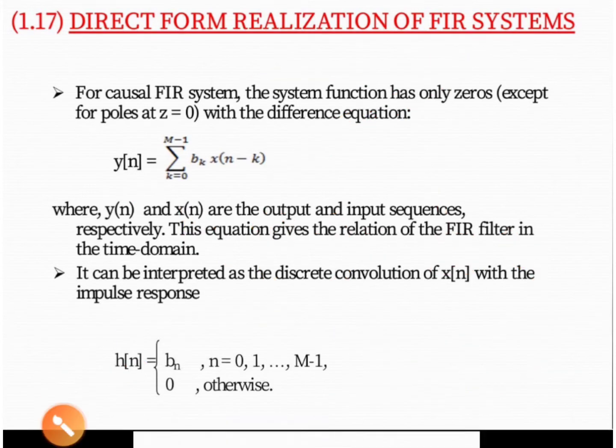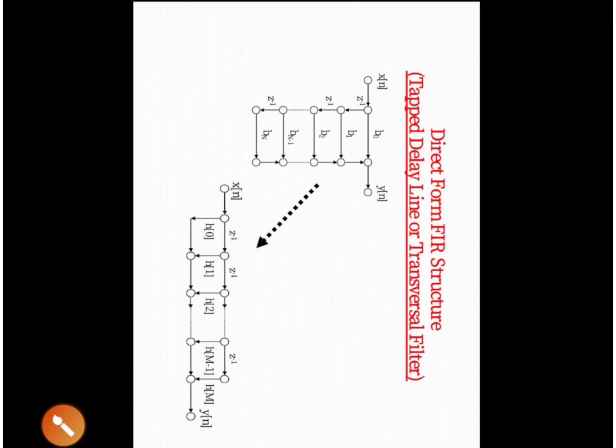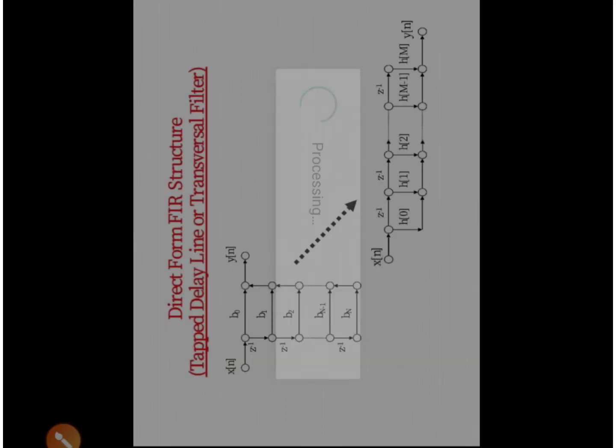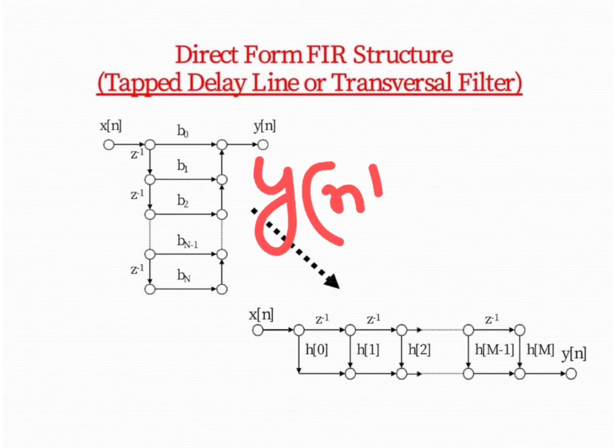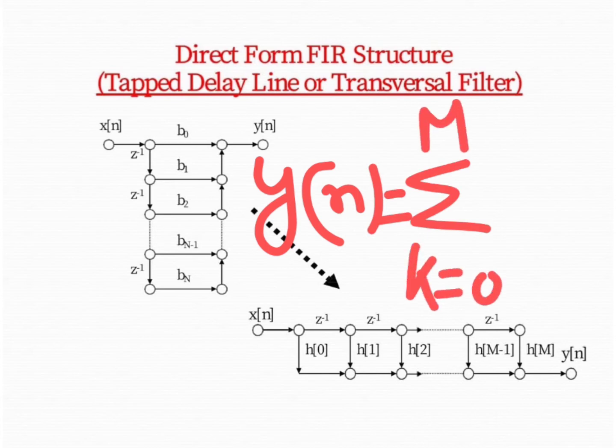Now how to realize this direct form realization? We must first realize this. As you can see, the expression is the summation k equals 0 to m of bk x of n minus k.